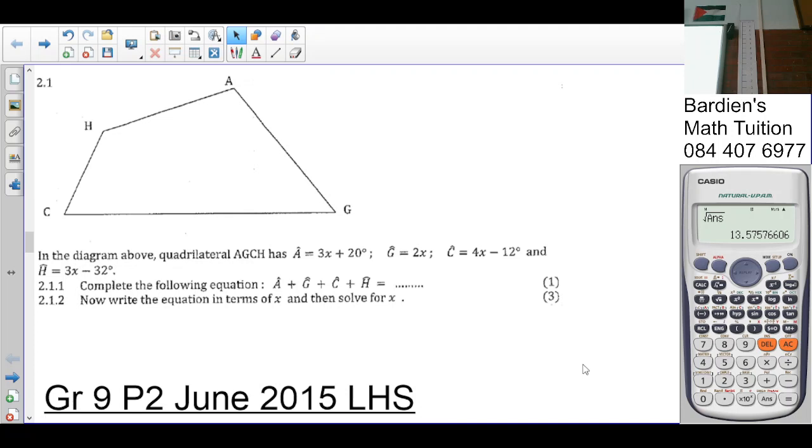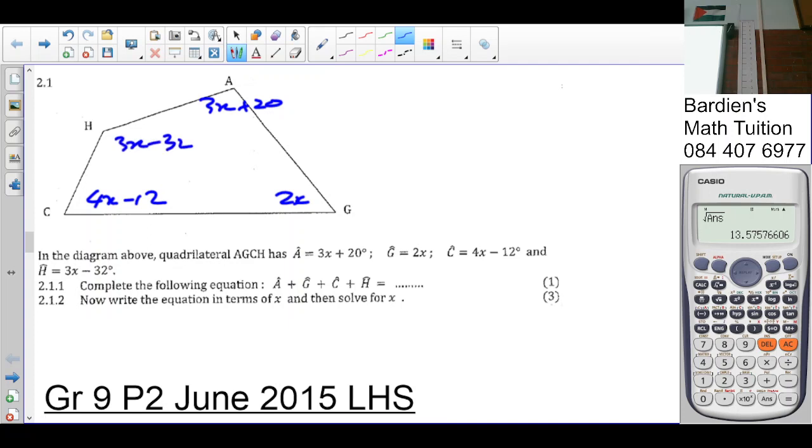Quadrilateral AGCH has angle A equals 3x plus 20, G, which is 2x, C, 4x minus 12, and H, which is 3x minus 32. Complete the following equation. Angle A plus angle G plus angle C plus angle H adds up to 360. As you can see, you can make two triangles out of it. And 2 times 180 is 360.